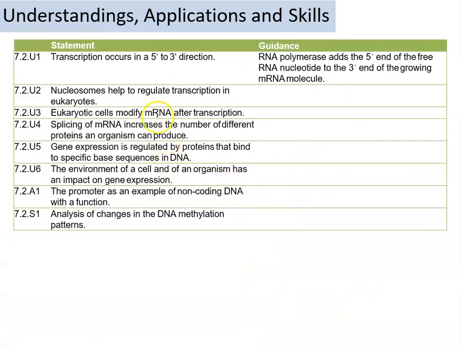Some of the things over here in this table you have learned before. For example, you already know the transcription direction is from 5' to 3'. You know the role of nucleosomes. So we had this discussion in the previous slide and the videos. And you also learned about some modification of the mRNA, but maybe not very specific and in detail.